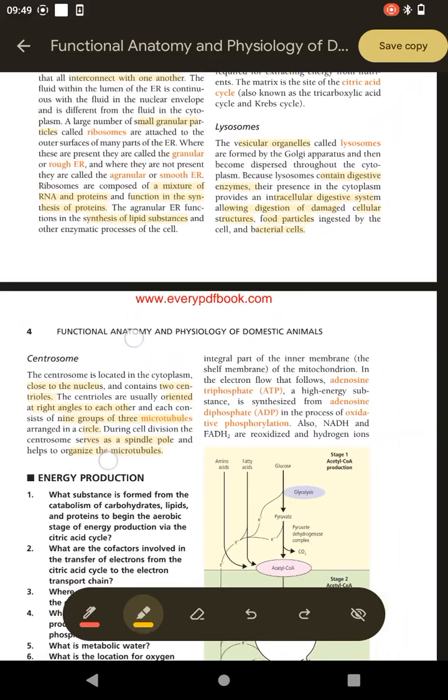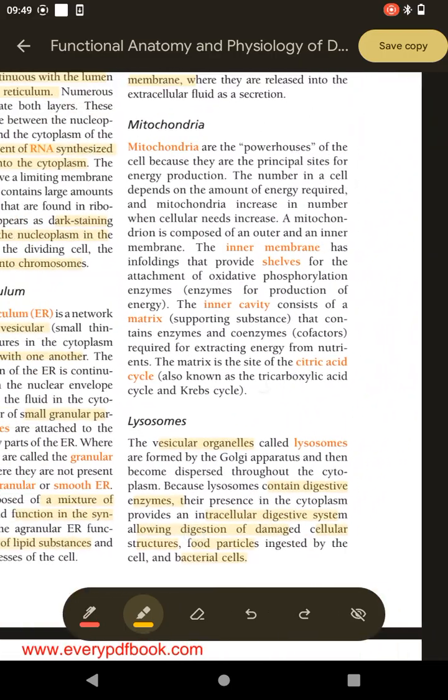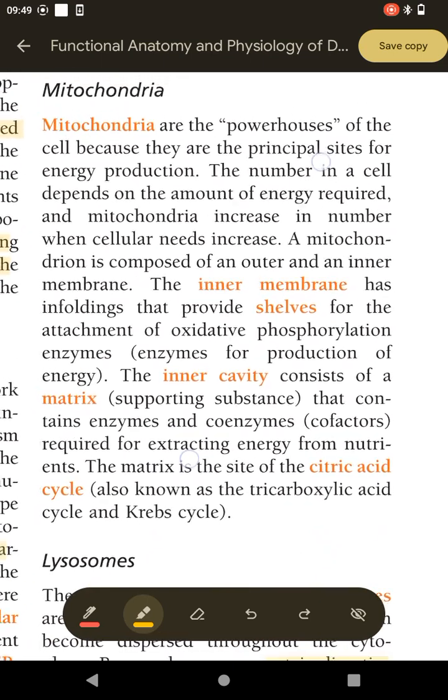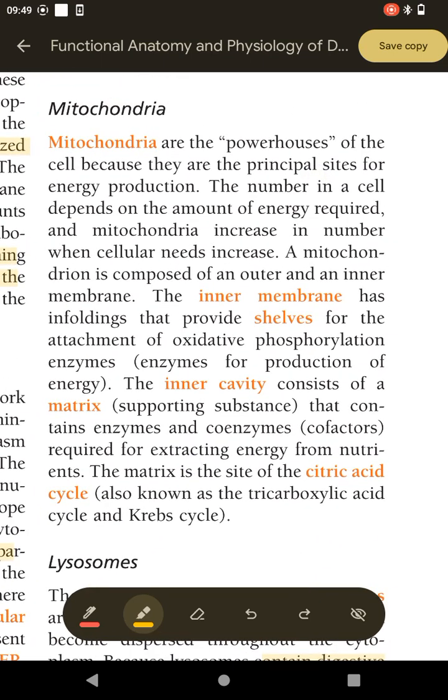The last organelle which we left is the mitochondria. The most important organelle is the mitochondria, because if there is no energy, there is no chance of survival of the cell. Mitochondria are the powerhouses of the cell because they are the principal site for energy production.